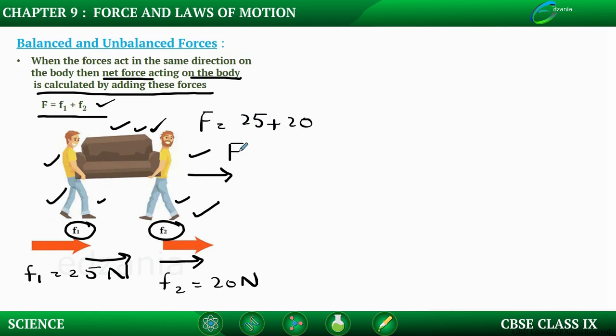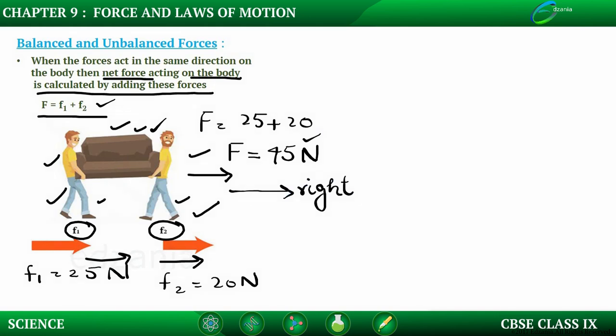Therefore, the total force, that is the net force acting on this object, comes out to be 45 newtons towards right. Since force is a vector quantity, we need to give the direction along with the magnitude of force. So here, the direction of motion is towards right.